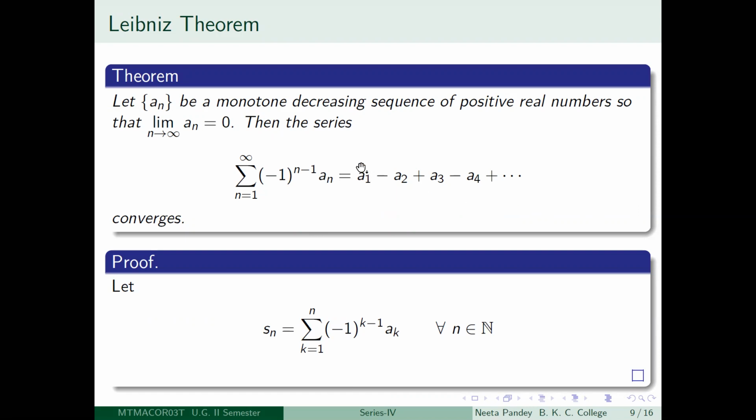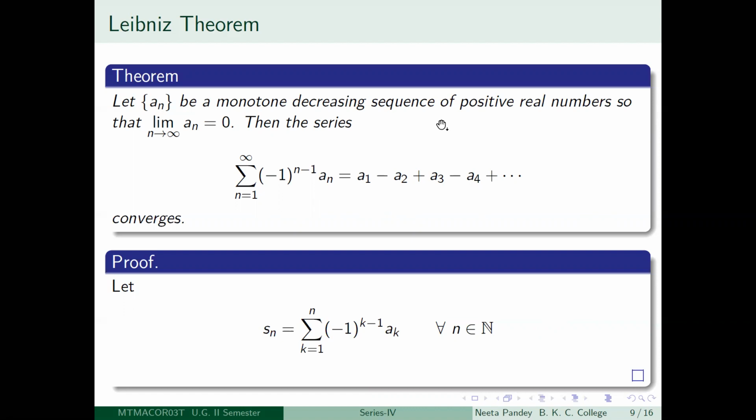So it is not necessary that you have to start with a positive term, then a negative term, then a positive term, then a negative term to get a convergent series, provided the rest of the conditions are satisfied. It could be that you started with a negative term, then you got a positive term, negative term, positive term, and so on. That would also converge. The Leibniz theorem is ensuring it, provided the sequence a_n is a monotone decreasing sequence.